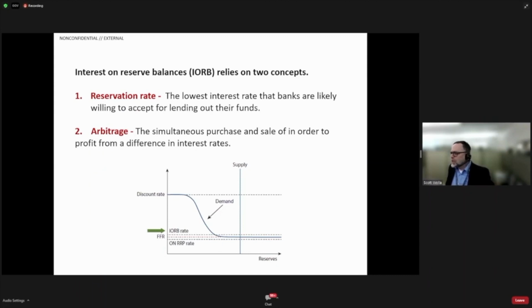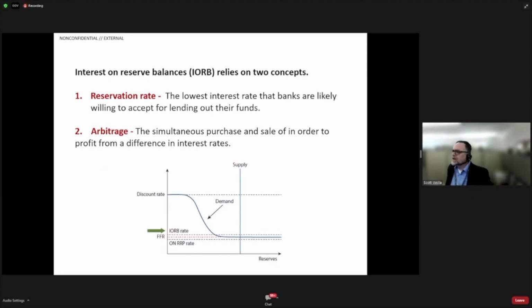In other words, they won't accept a rate less than the interest on reserve balances rate. And why would they, right? Interest on reserves is available to those banks that can have reserve accounts and earn interest. It's a risk-free transaction. And so they have no interest in accepting less than the interest on reserve balances rate for a risk-free deposit.